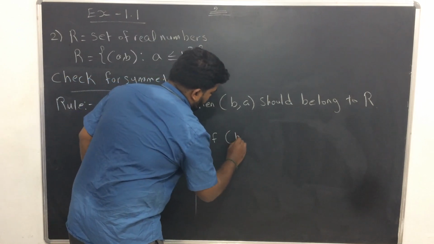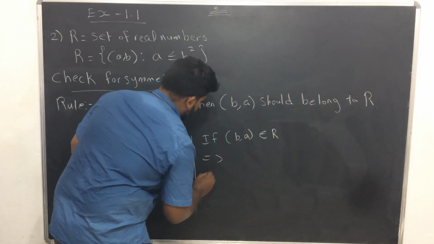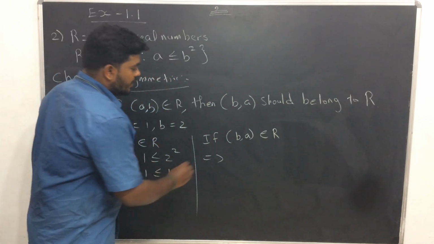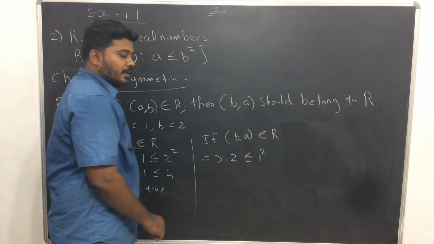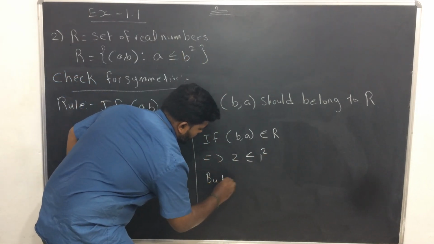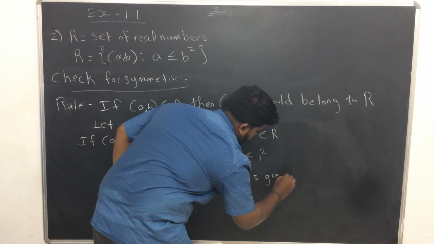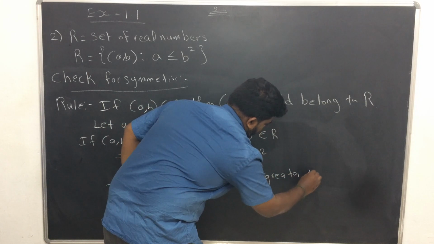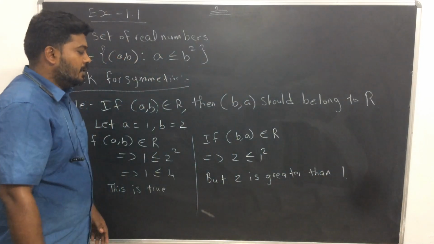If (b, a) belongs to R, this implies that 2 should be less than or equal to 1 squared. But 1 squared is 1, so 2 is greater than 1.